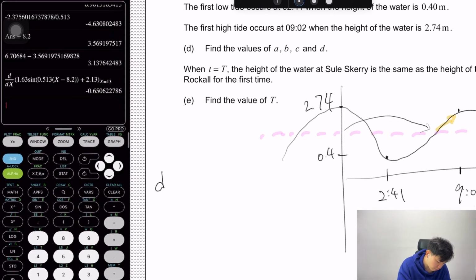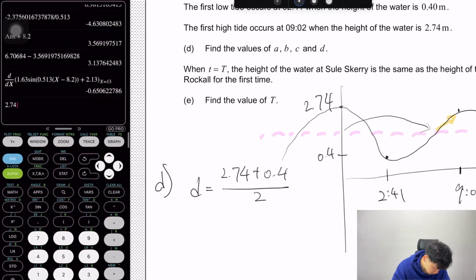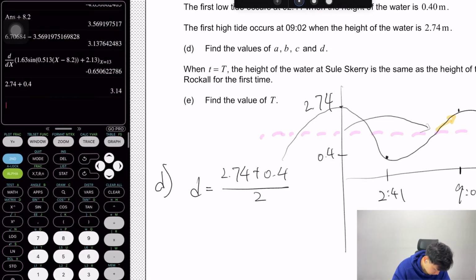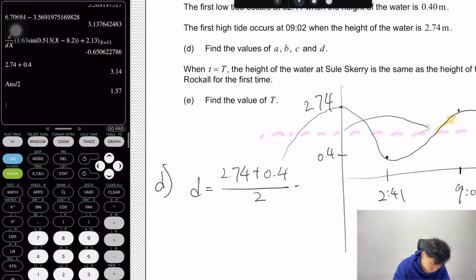Our D can be modeled by the maximum plus the minimum divided by 2, because we want to find the average middle line, right? So 2.74 plus 0.4, divided by 2, which is 1.57. Okay. So then what is our A?